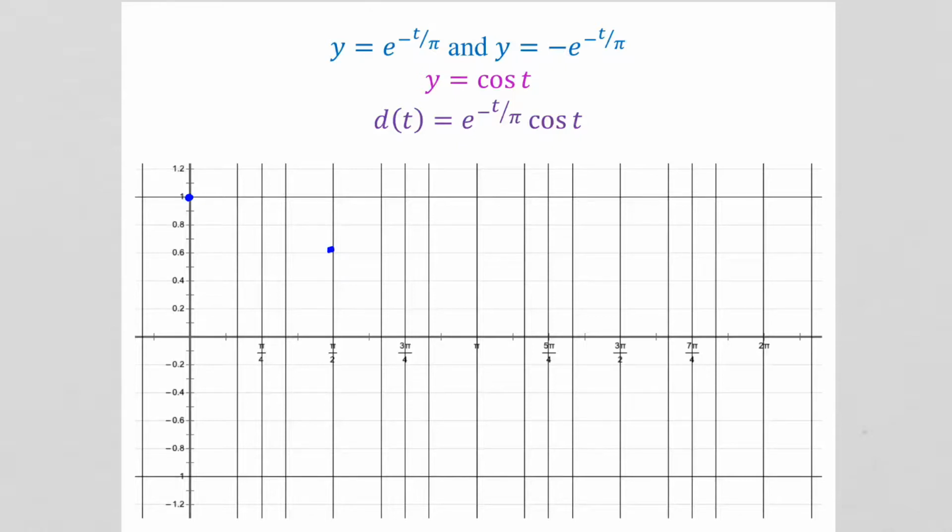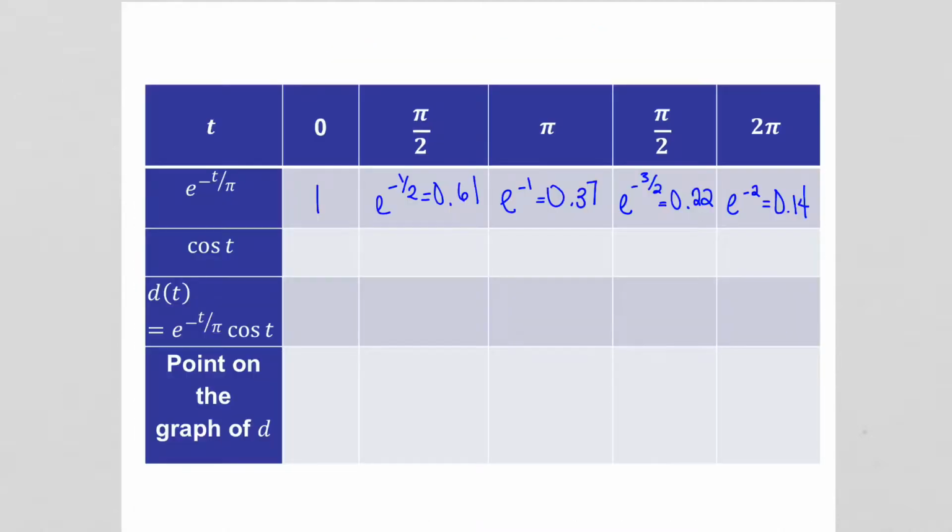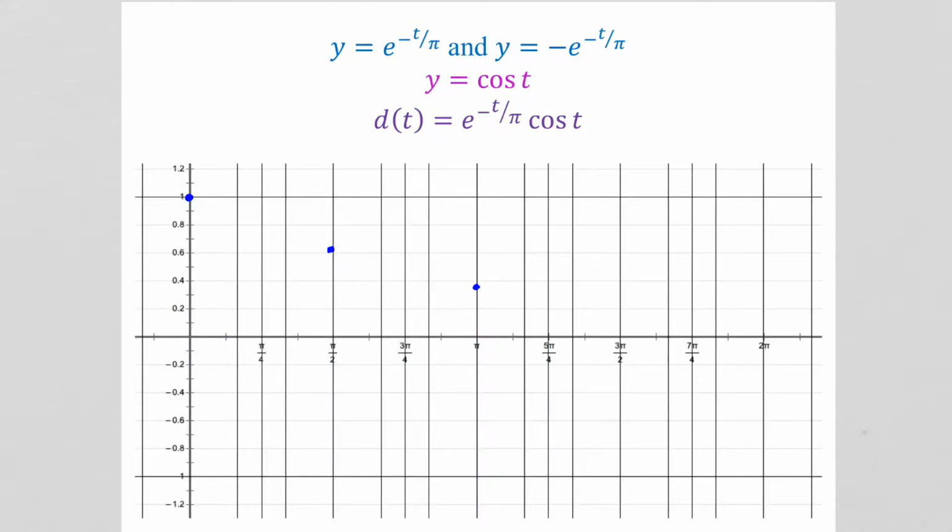Pi, 0.37. See, I think that's supposed to be a 3 pi over 2 up here. There we go. Have to fix that later. But same thing. So 3 pi over 2, 0.22. And 2 pi, 0.14.